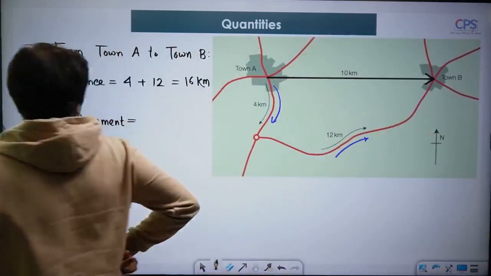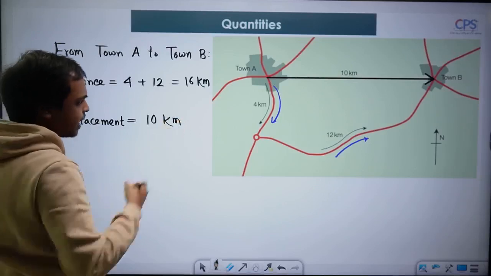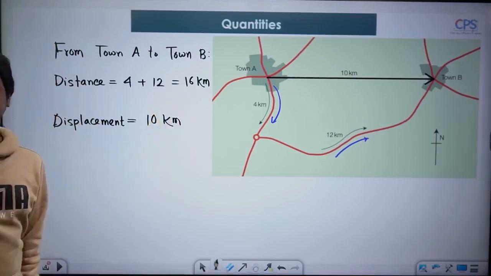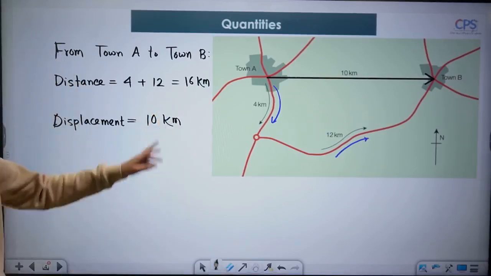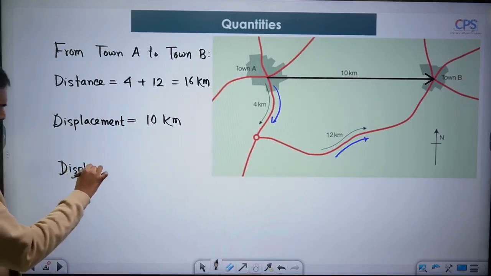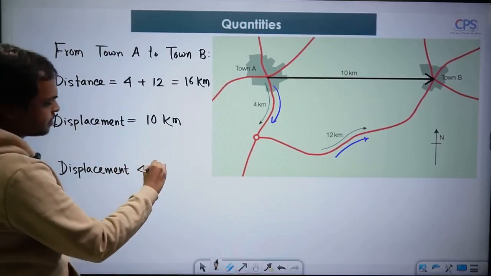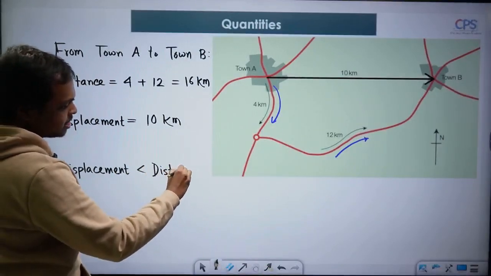There is nothing else to worry about. So it's 10 kilometers. And from these calculations, you might notice that the displacement is less than the distance, right? Well, there is a catch about it.